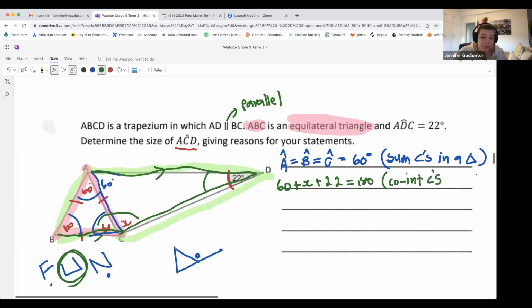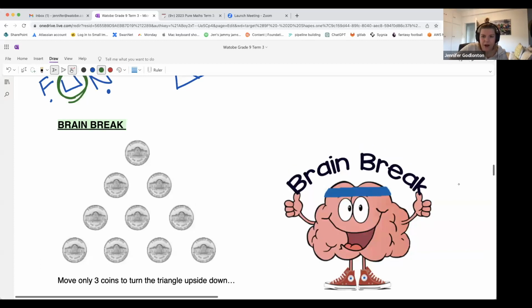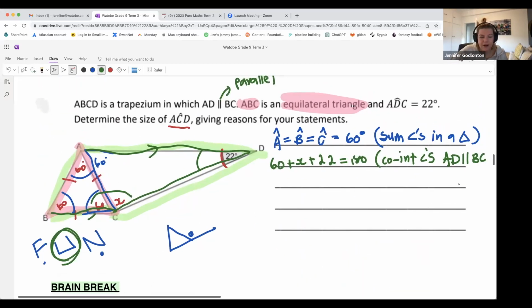And remember, when we use those, we have to say which sides are parallel. AD is parallel to BC. Okay. So then we can say 82 plus X is equal to 180 degrees, which means X is equal to 180 minus 82. And so X is equal to 98 degrees.